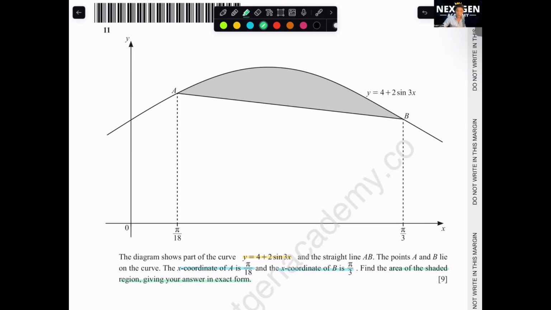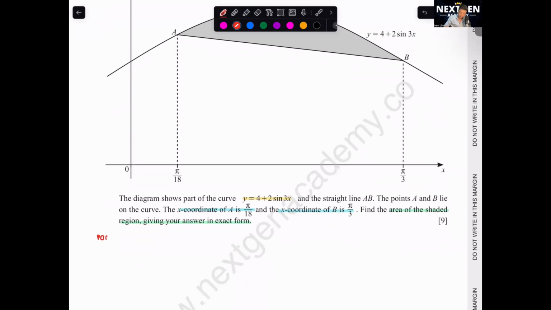What is given to us first? Let's find our point A and point B first. We'll start here with point A. Point A is given to us as x equals to pi over 18, so y equals to 4 plus 2 sine 3 pi over 18.